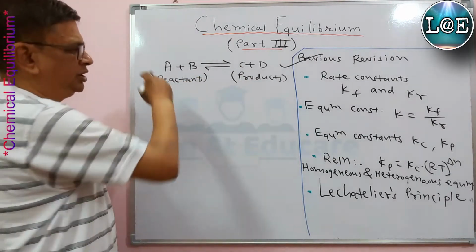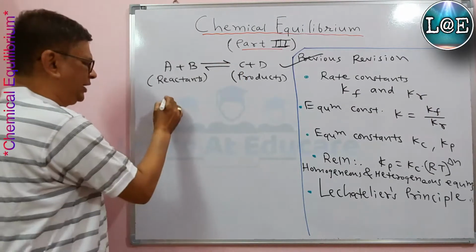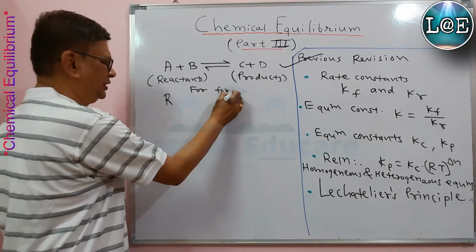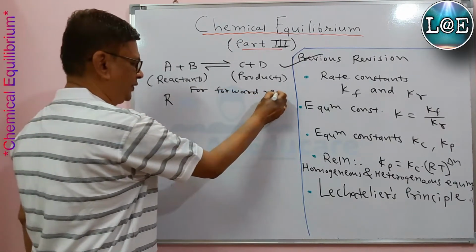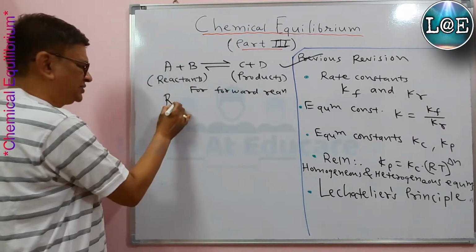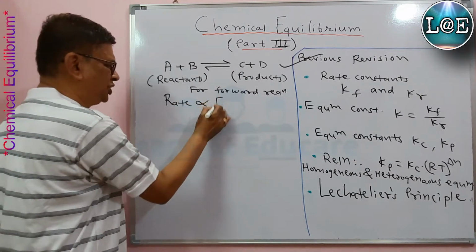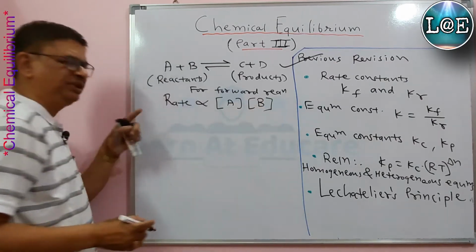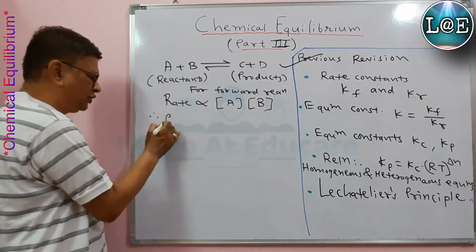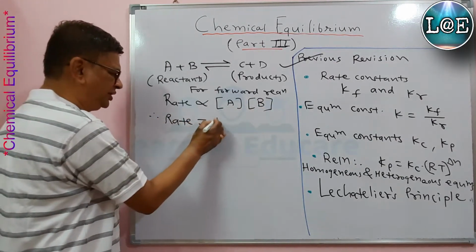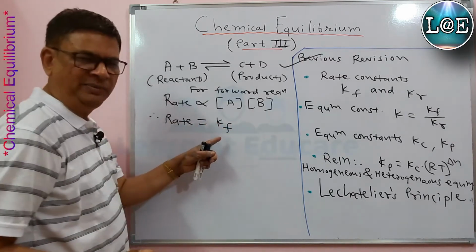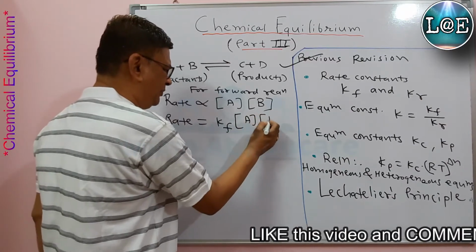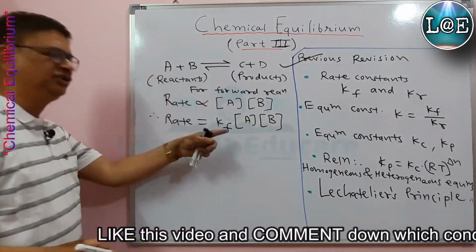Then for the forward reaction, according to law of mass action, rate is proportional to the concentrations of reactants A and B. If you introduce a rate constant for the forward reaction, it will be denoted by Kf, and as the law of mass action states, we get this rate.